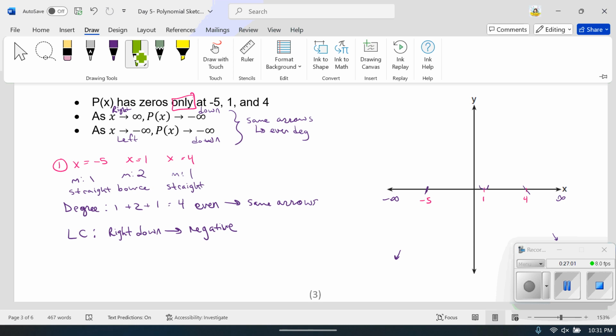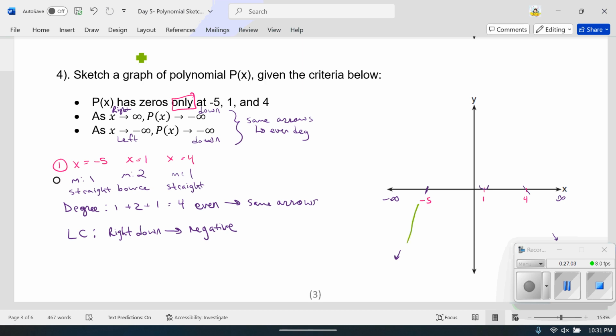If you were to draw it, come up from -5, go straight through, turn around to hit 1, bounce off of 1, and come back down to hit 4. You can make this graph more extreme or less extreme if you want. Here, more extreme. That's another one. That does not look pretty, but you know, gets the point across.